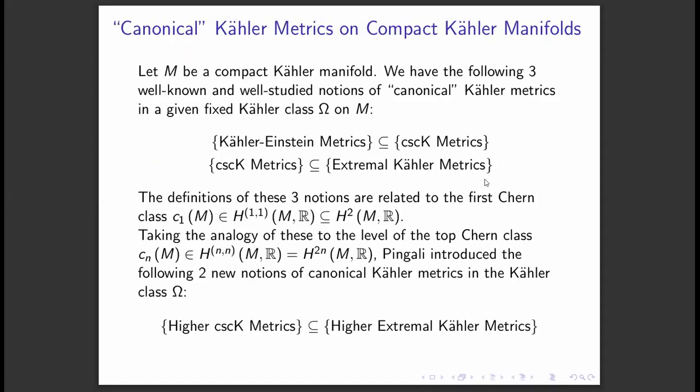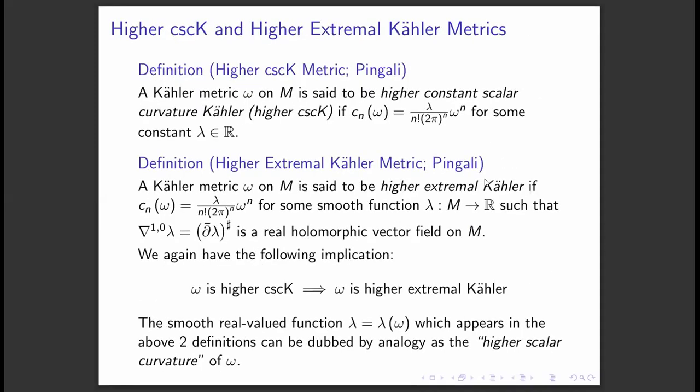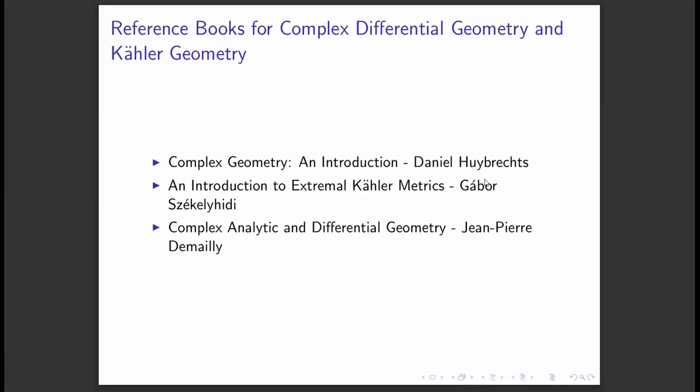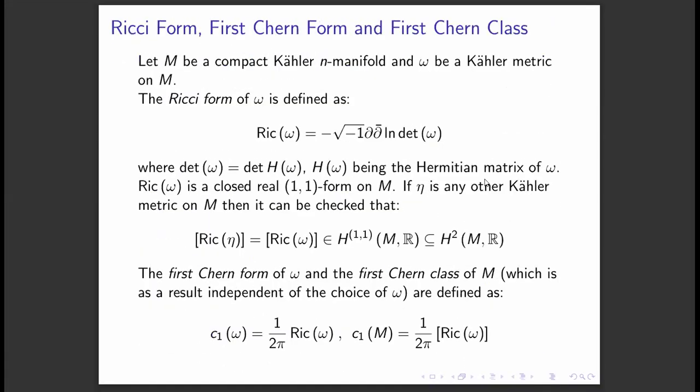I guess I didn't check the formula properly. So if I take anti-canonical, then C1 of anti-canonical would be that. Similarly, if I define the Ricci form of anti-canonical, then maybe C1 of anti-canonical would be minus of this number.